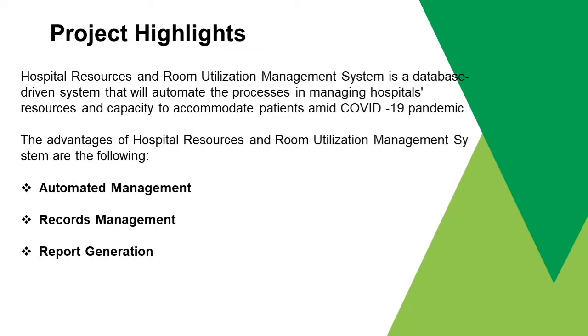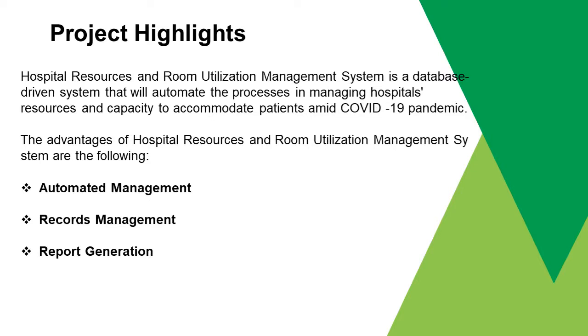Hospital Resources and Room Utilization Management System is a database-driven system that will automate the processes in managing hospitals' resources and capacity to accommodate patients amid COVID-19 pandemic. The advantages of Hospital Resources and Room Utilization Management System are the following. 1.